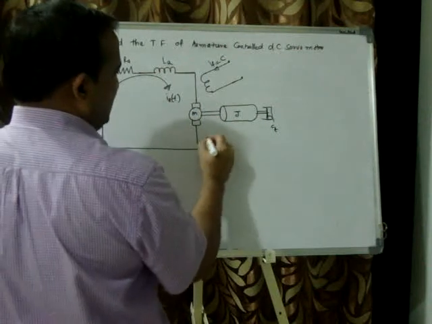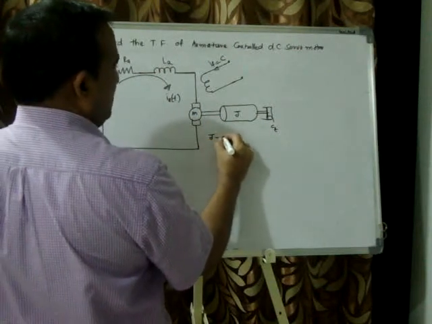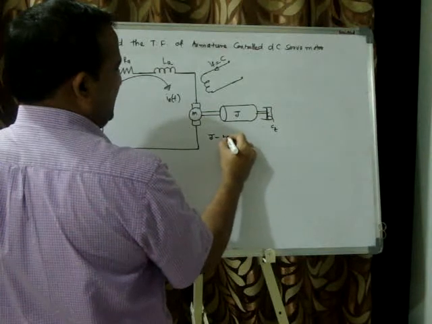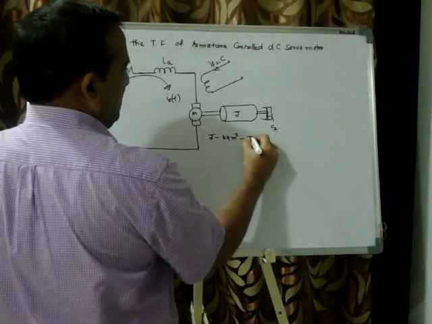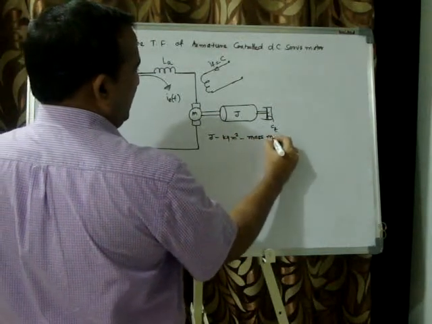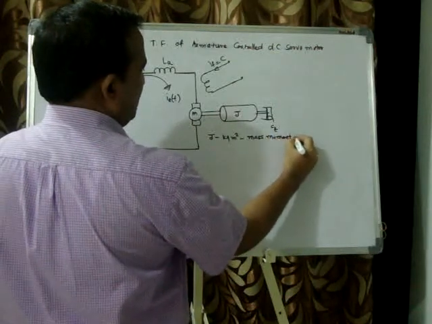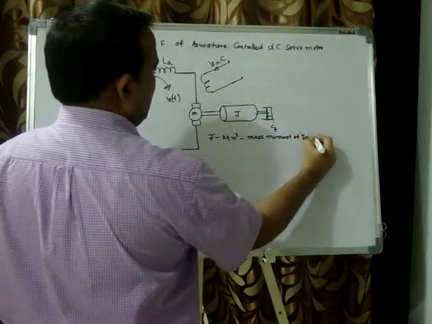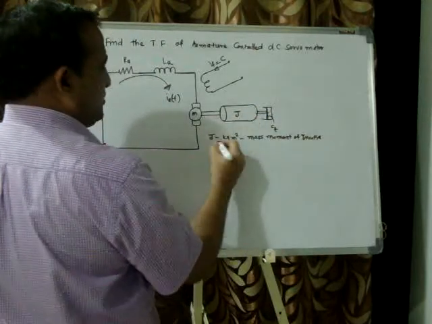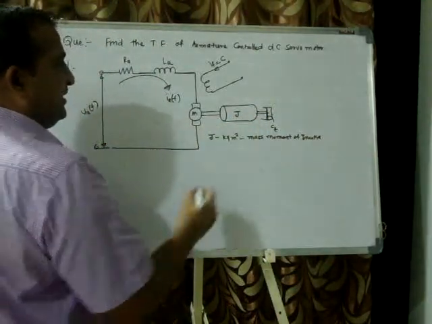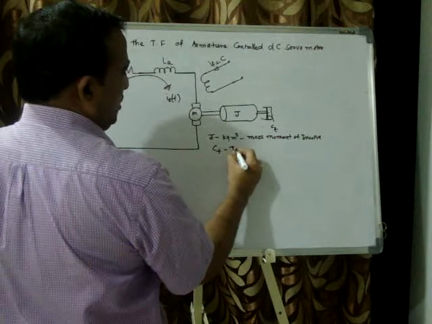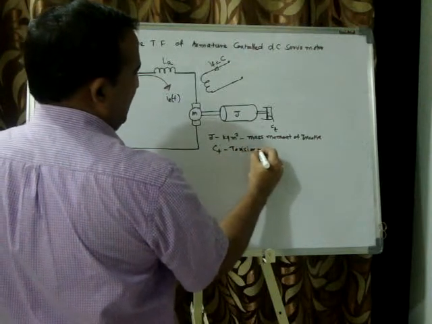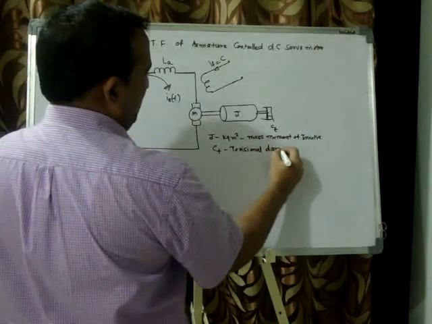We know that J is the mass moment of inertia, in kg meter square. For a disc, it is half m r square. And CT is called the torsional damping coefficient.